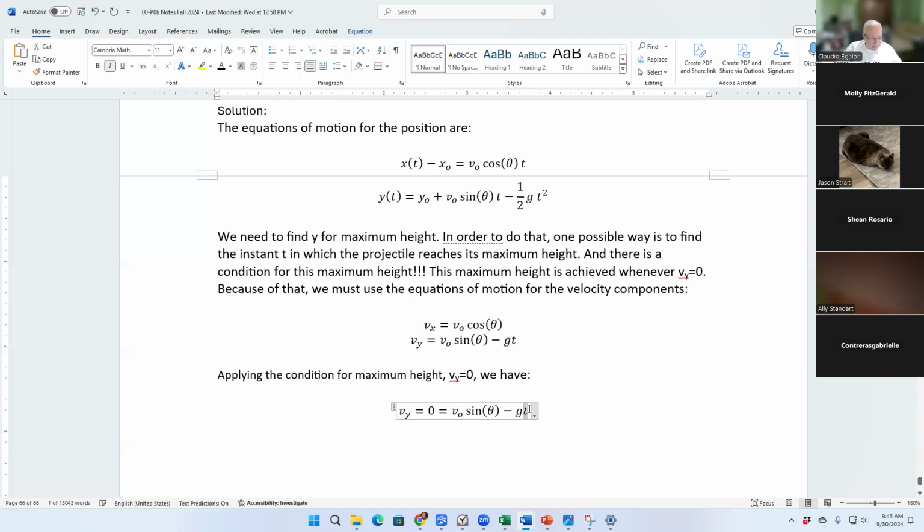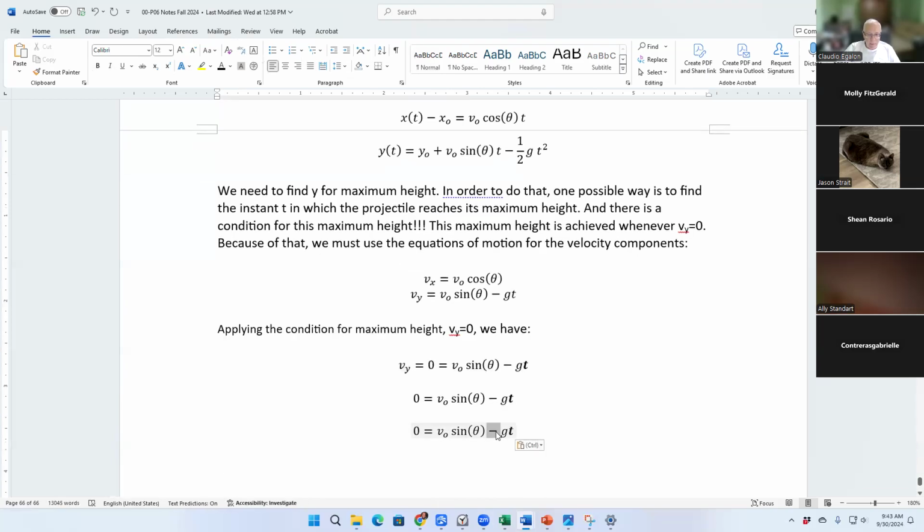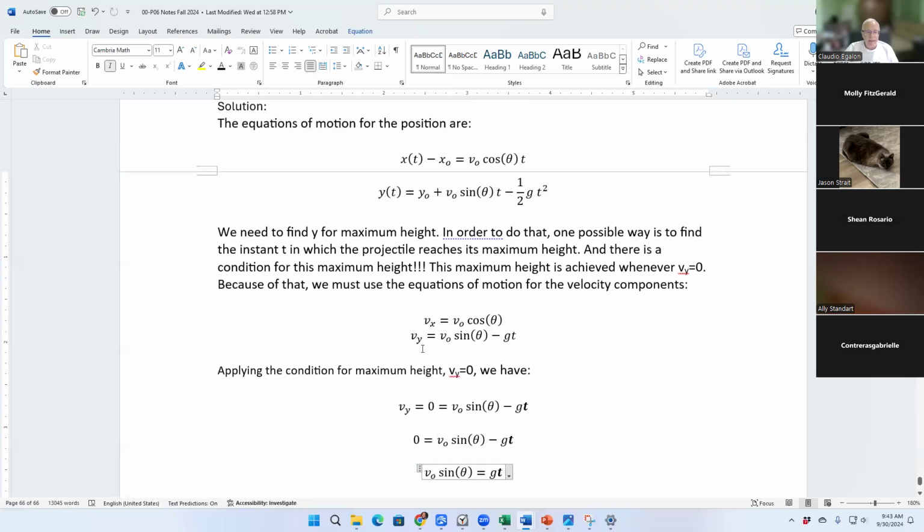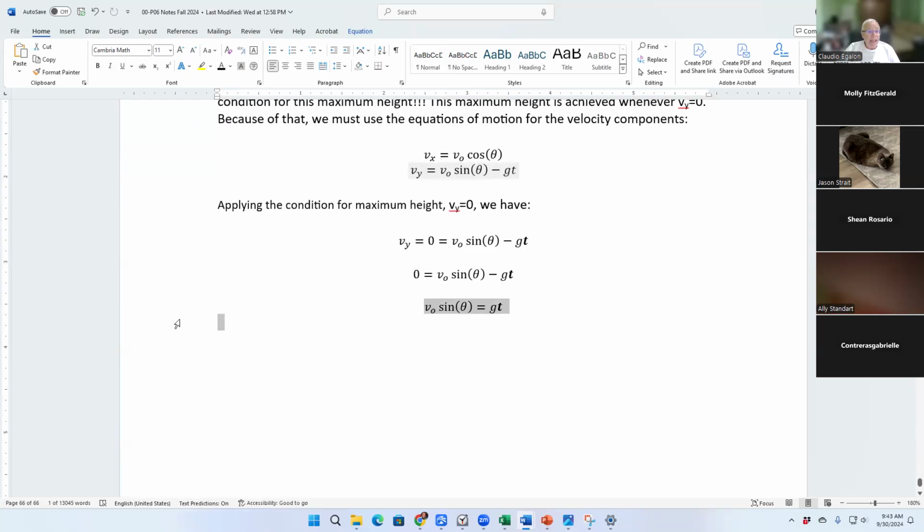So for t, that's the technique that we use, right? We have that, right? Next, I pass the minus gt to the other side, and we get that. We solve for t. We get something like that.